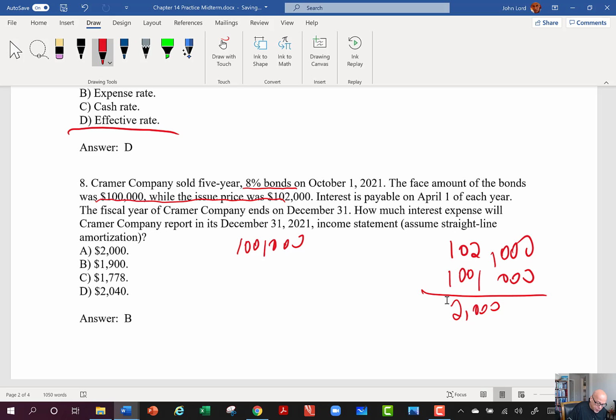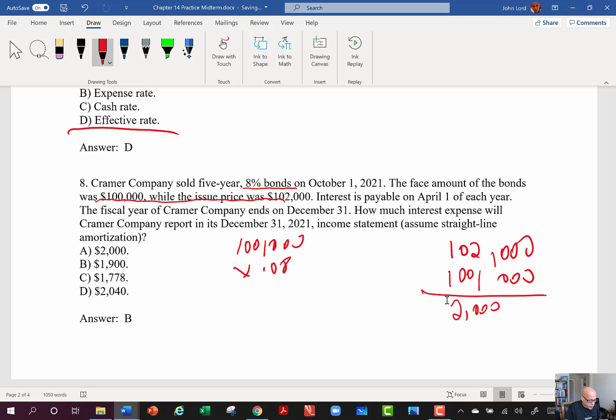The bond sold for $100,000, interest payable on April 1st of each year. So it's not semi-annual. Okay, bonds don't have to be. They frequently are, but they don't have to be semi-annual. So I don't have to worry about sitting here and coming up with the semi-annual interest period.